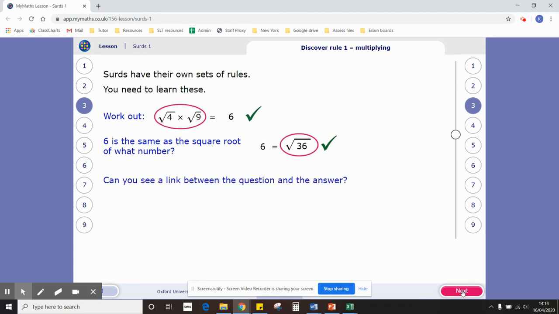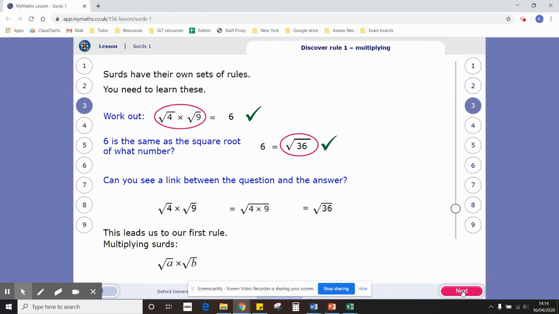Root 4 times root 9 is the square root of 4 times 9, which gives me root 36, which gives me an answer of 6. Sometimes it will come out with a nice answer like 6. Sometimes it will be still a surd, but in a simplified format. Okay, it may be useful for you to pop that rule in your book so you've got them for reference.